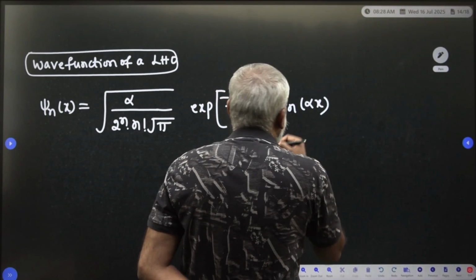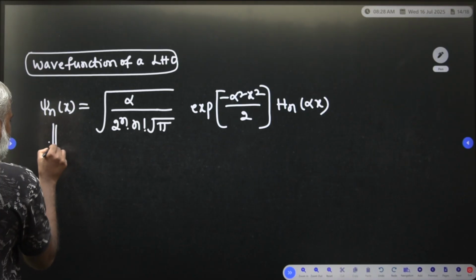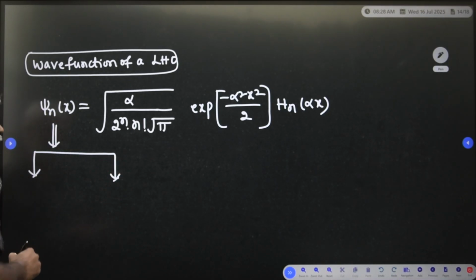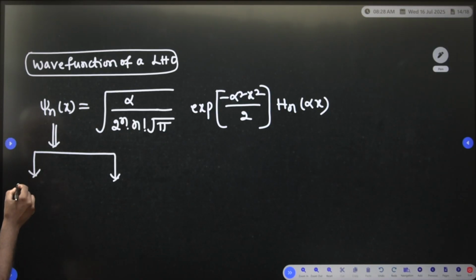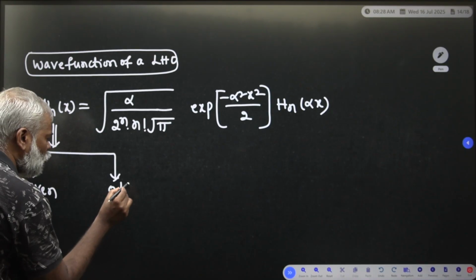From this, you have to see when psi n of x will be even or when it will be odd.